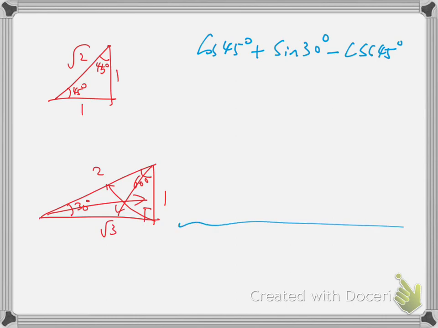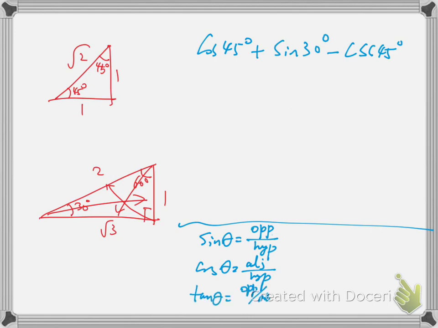Sine is opposite of theta divided by hypotenuse. Cosine is adjacent divided by hypotenuse. Tangent is opposite over adjacent. And the flip side, you got cosecant, hypotenuse over opposite.